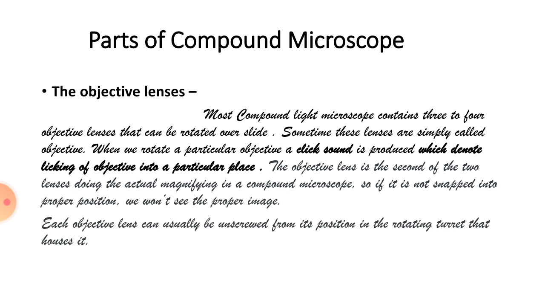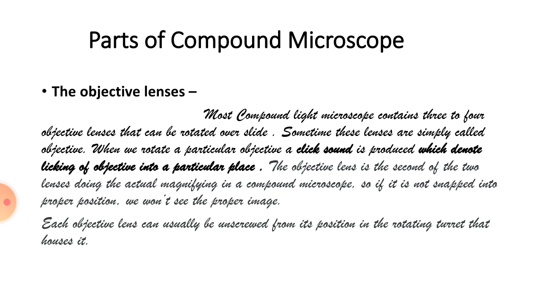Next, objective lenses. Most compound light microscopes contain 3 to 4 objective lenses that can be rotated over the slide. Sometimes these lenses are simply called objectives. When we rotate a particular objective, a click sound is produced which denotes locking of the objective into place.